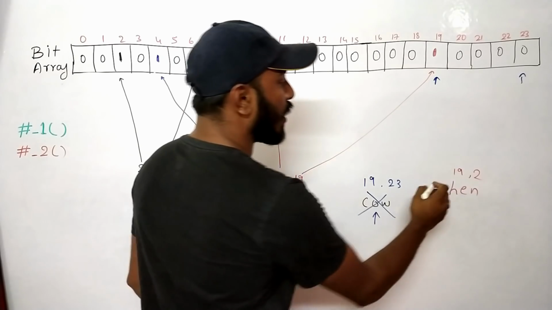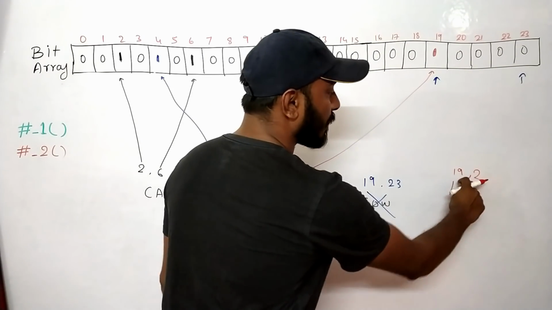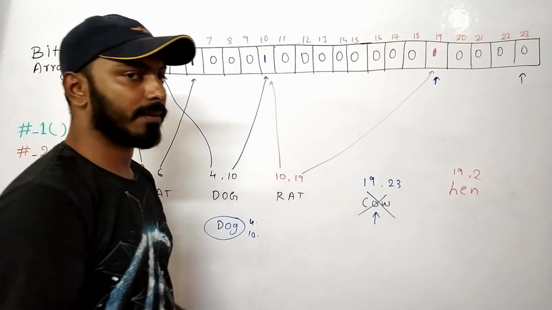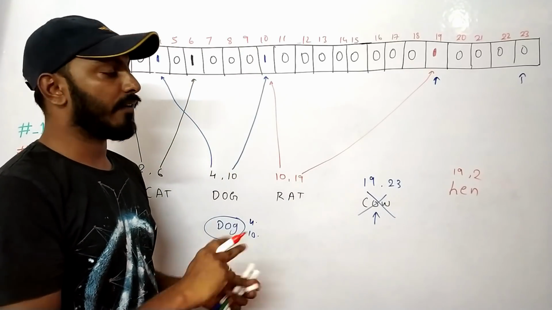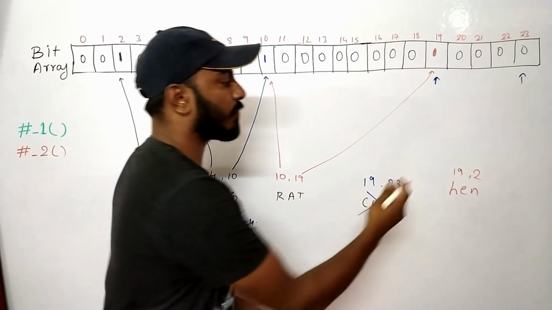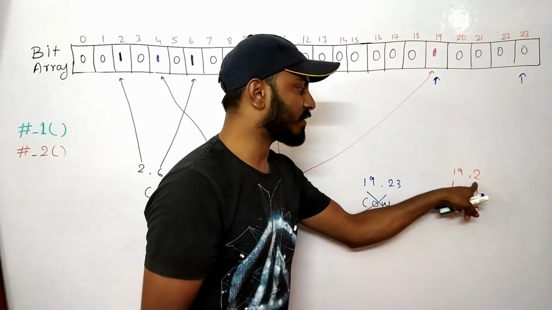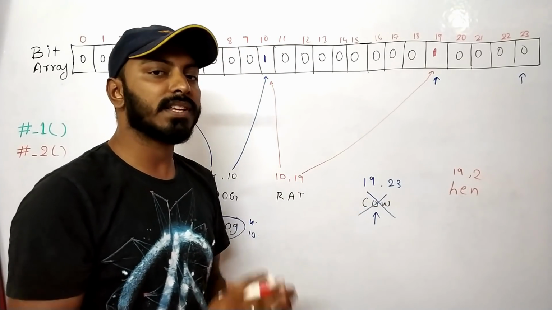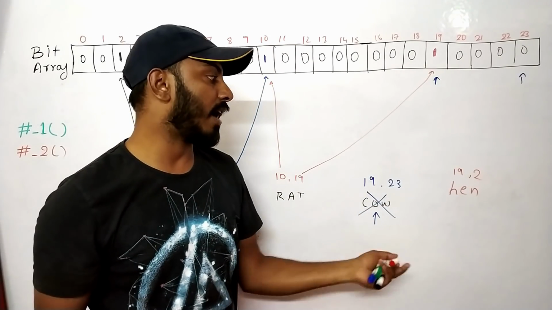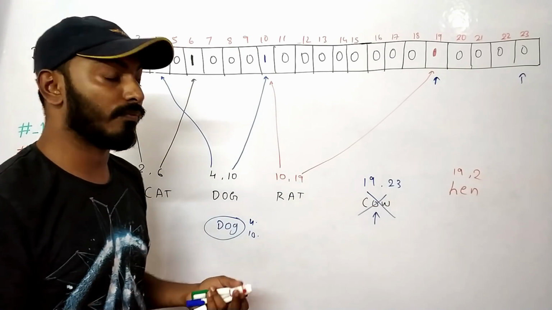Now go to these two positions in the bit array and check if both bits are set to 1. If both are set, it means that it is present. If it is not set, it means that it is not present. Even if at least one hash position is not set, that means for sure we don't have this particular input in our storage or in our Bloom filter.